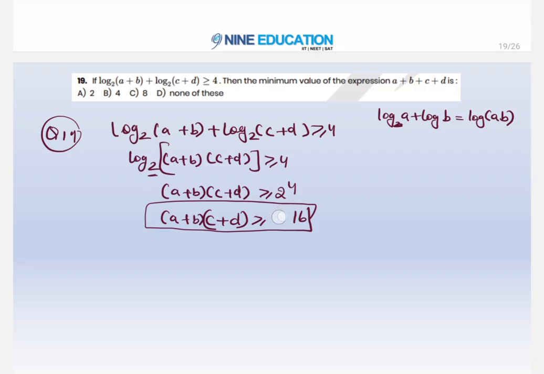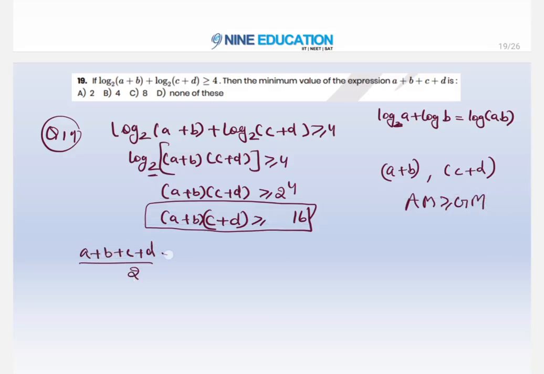Now what you need to find is the minimum value of this particular expression. So we can use the AM-GM inequality here. Let's say a plus b and c plus d are two numbers. Then their arithmetic mean should be greater than or equal to their geometric mean. Arithmetic mean will be a plus b plus c plus d by 2, and that is greater than or equal to the geometric mean, that is the square root of a plus b multiplied by c plus d.